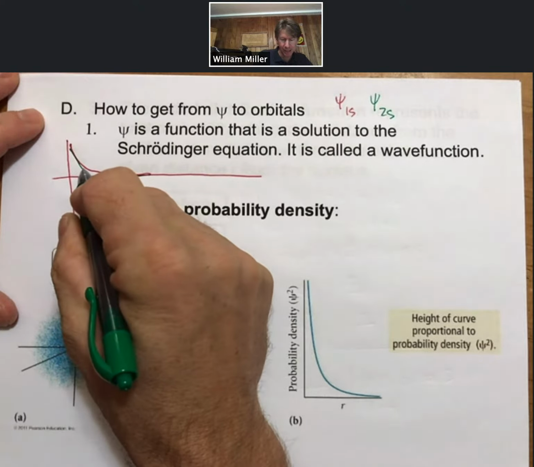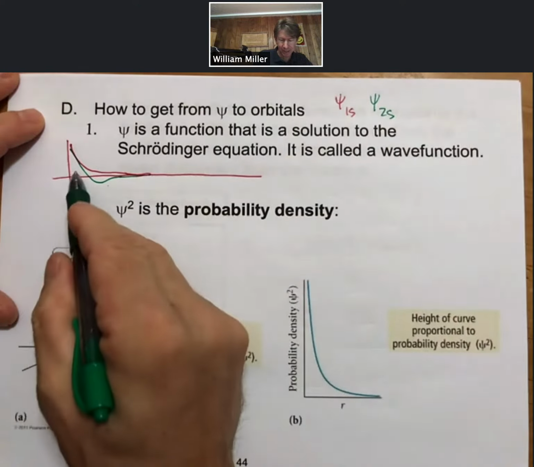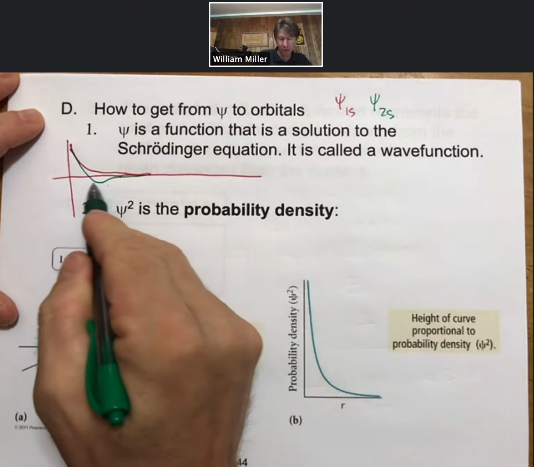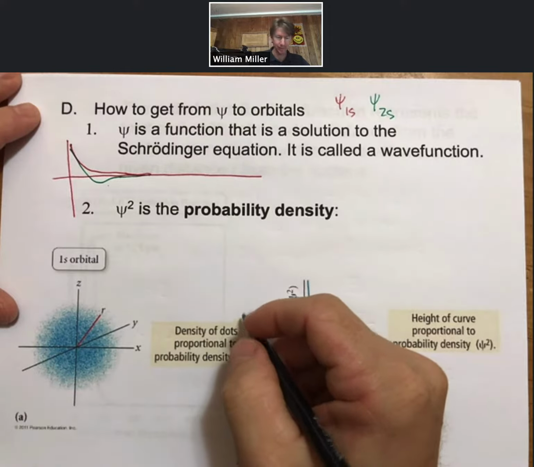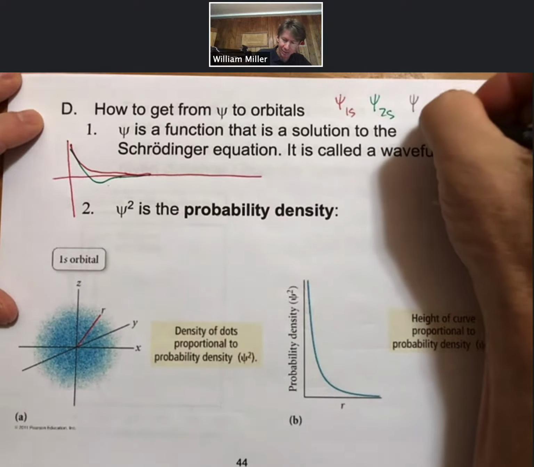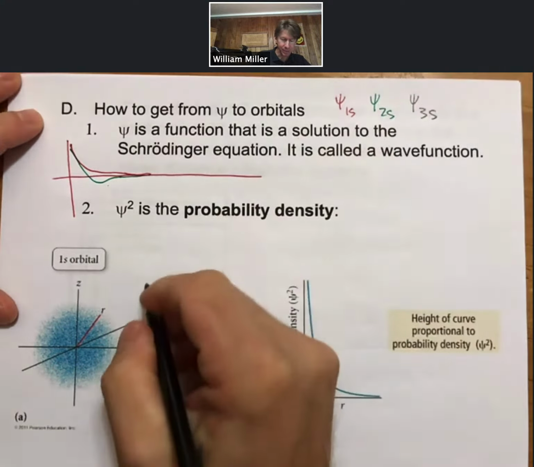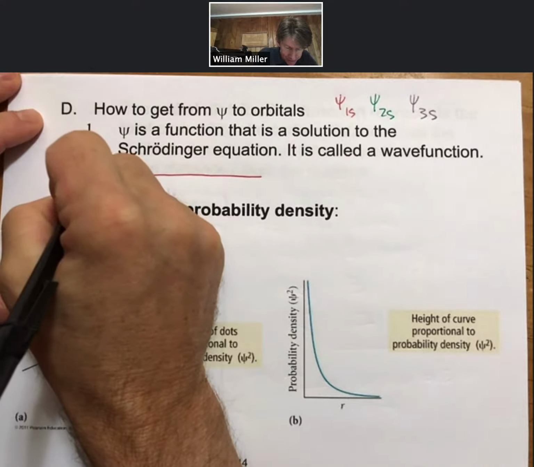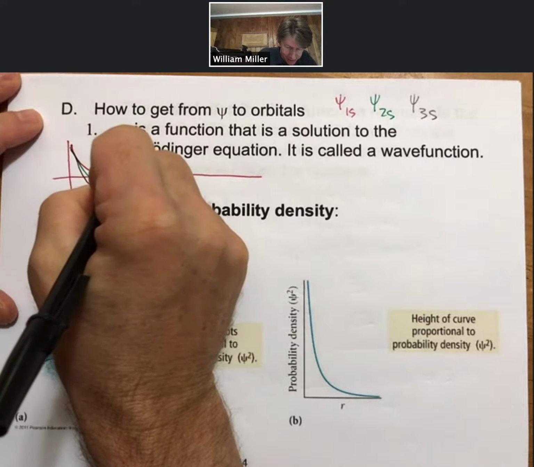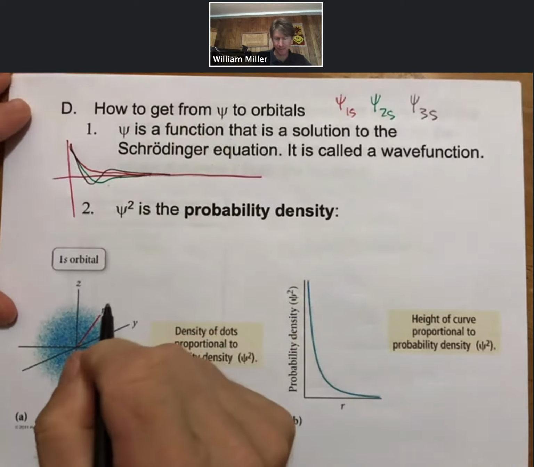And so a psi 2s has a positive and a negative portion. We're starting to see what looks like a wave here. And then for psi for 3s, we would actually start up here. We would actually go down, come back up, and then approach from the other side.